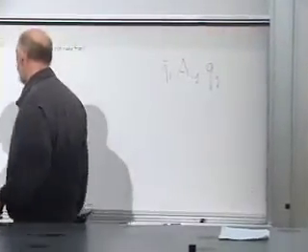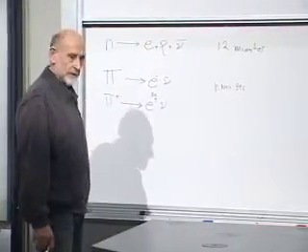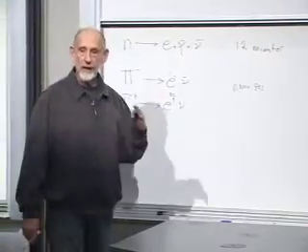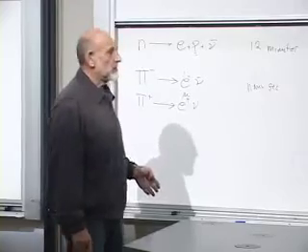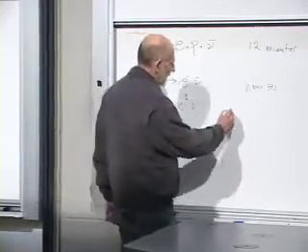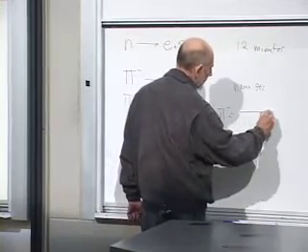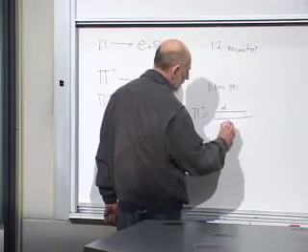Let's start, just for fun, with the decay of the pi minus. What is a pi minus? A pi minus is a quark and an antiquark with altogether negative charge. So a quark and an antiquark with negative charge had better be, here's the pi minus, equal to a down quark and an anti-up quark.